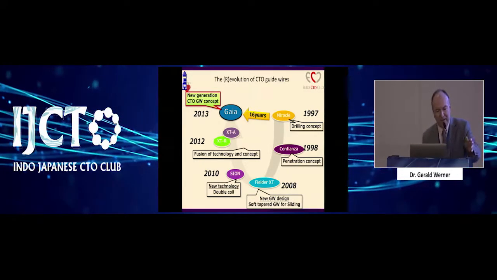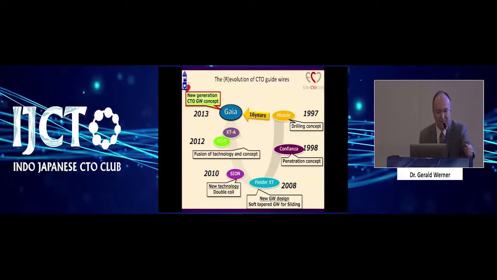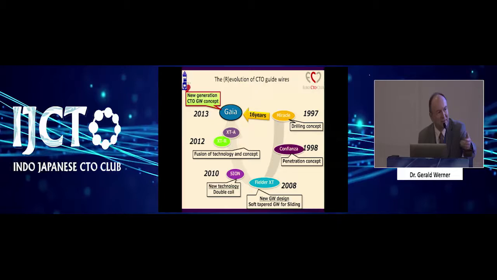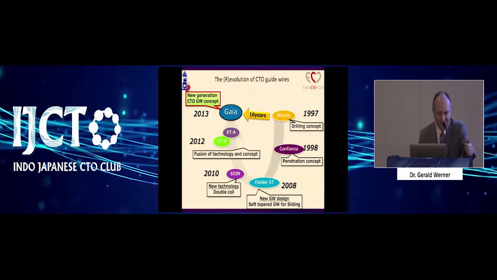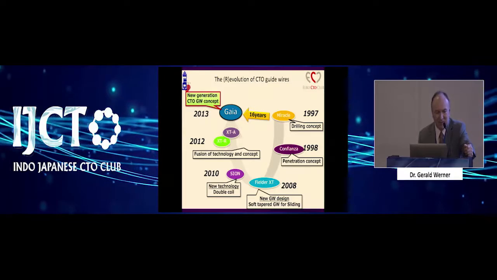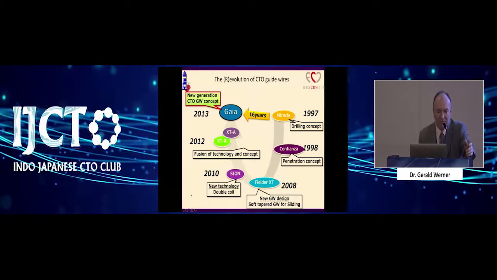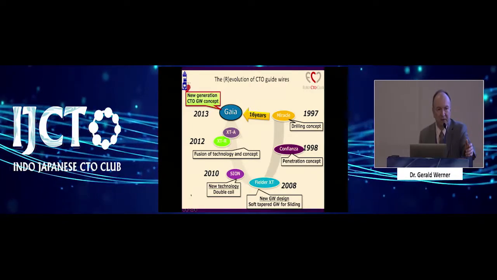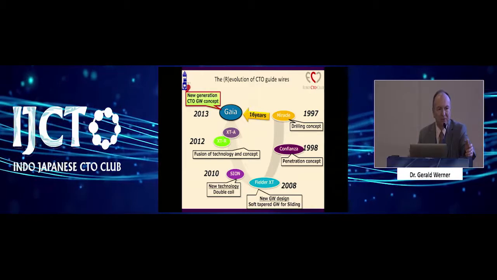The wires we have are ever increasing. Our Japanese colleagues at home take already wires that we haven't seen yet, Gaia Next. But what is remarkable is that there was a long time gap between wire development in 97, 98, Miracle, Confianza.